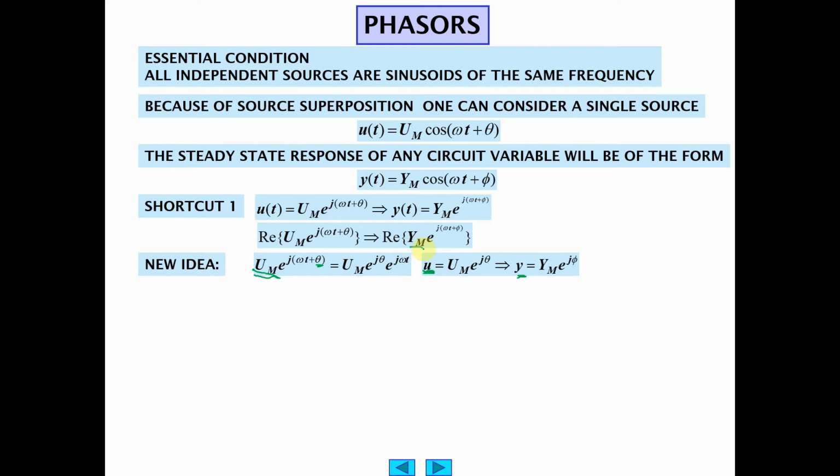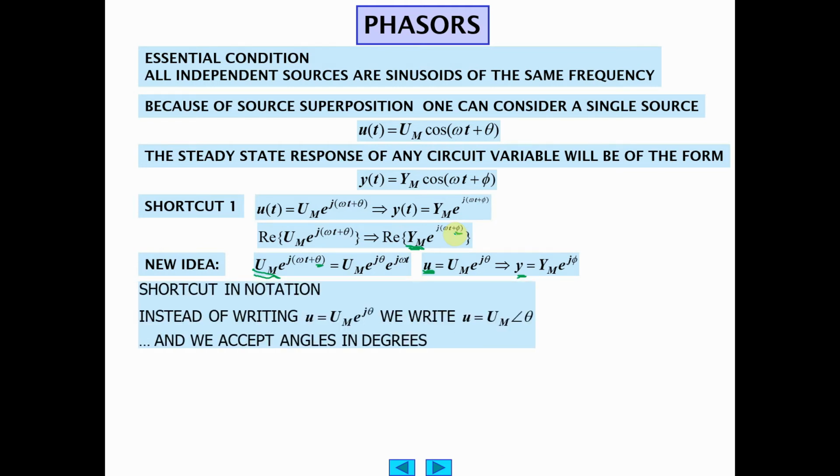That little y is going to be the ym part and the phi, the phase angle part. I think way early on, the only information you really need to know is the magnitude, the amplitude, and the phase angle. So instead of writing all this stuff, we have a shorthand notation.